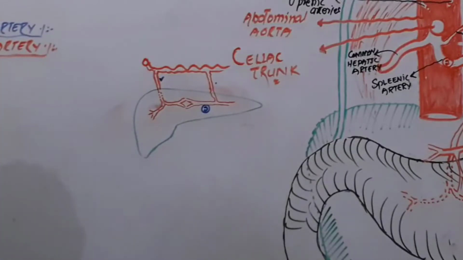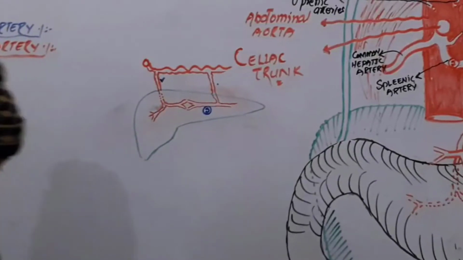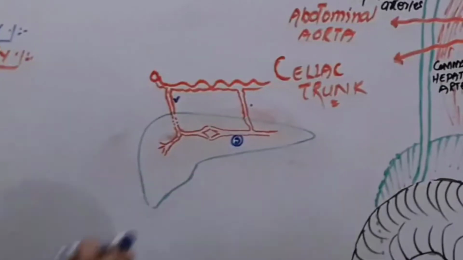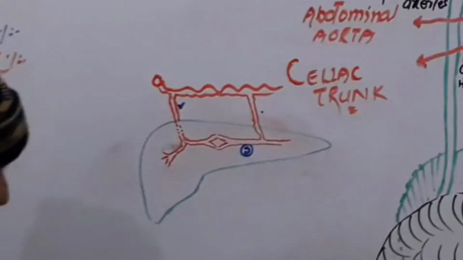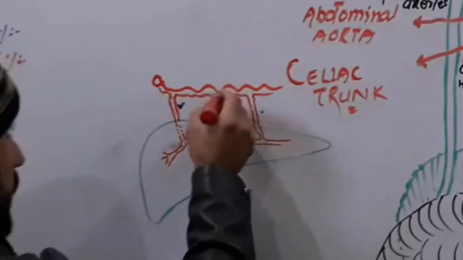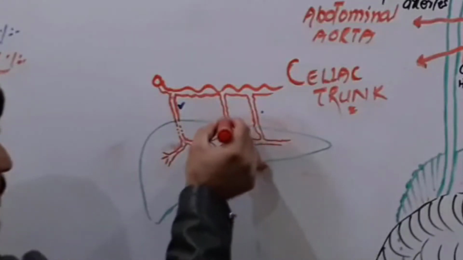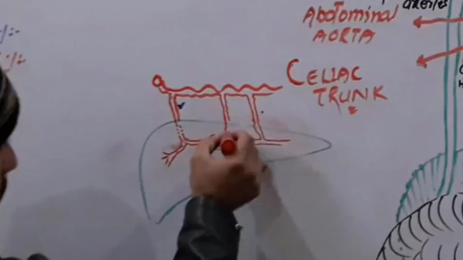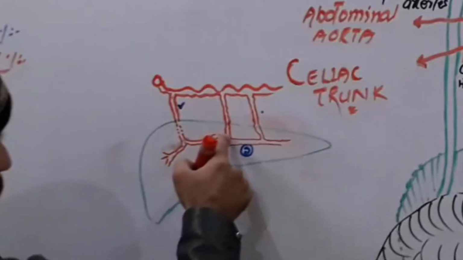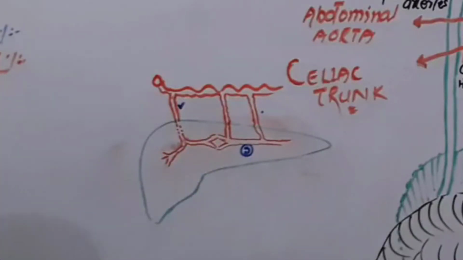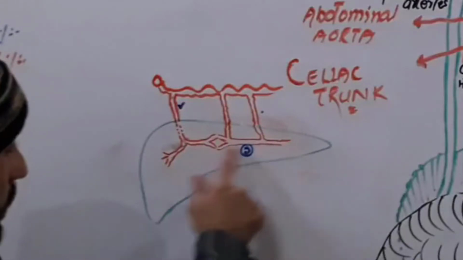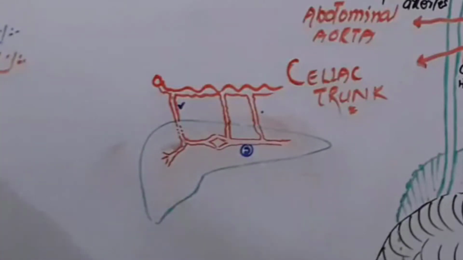Okay, the third artery which arises from the splenic artery towards the pancreas is the greater pancreatic artery, and it arises from the splenic artery and comes and makes anastomosis with the inferior pancreatic artery, or the transverse pancreatic artery.